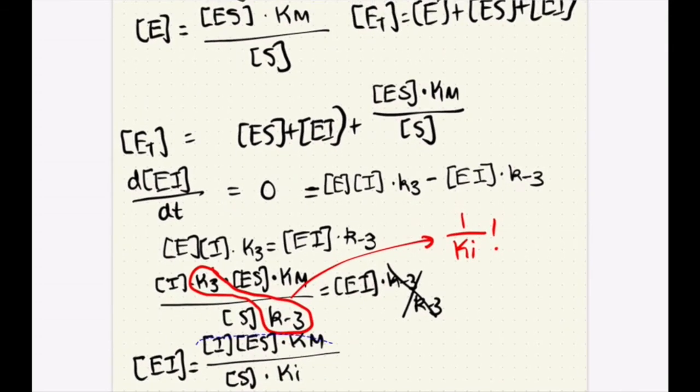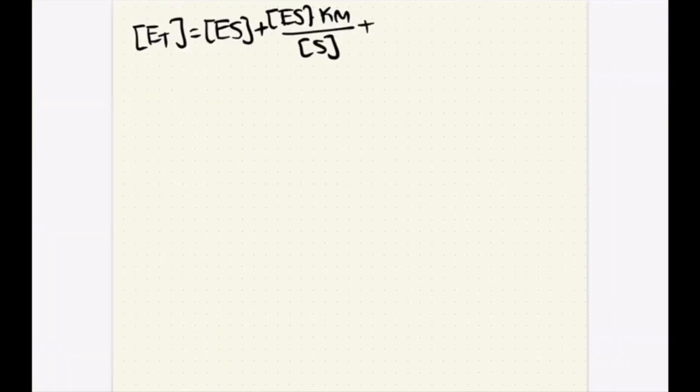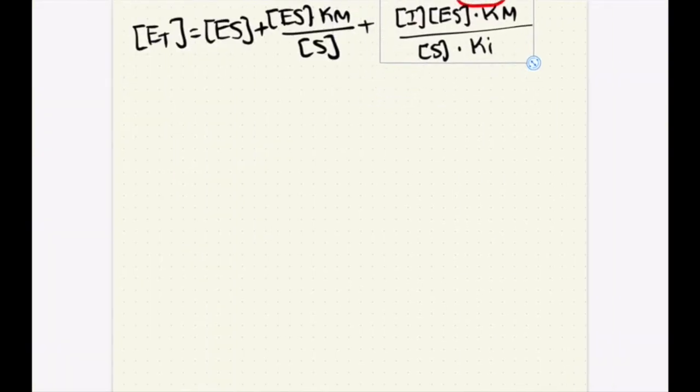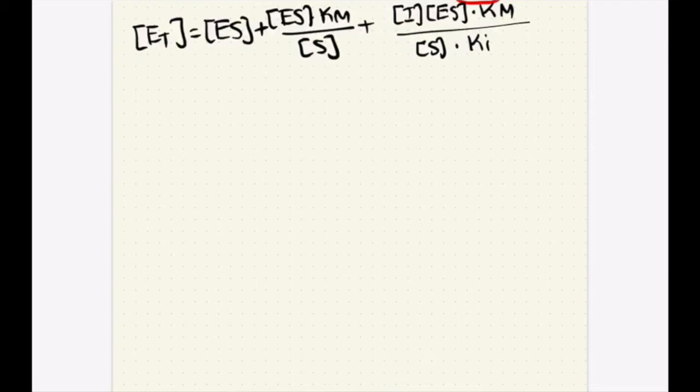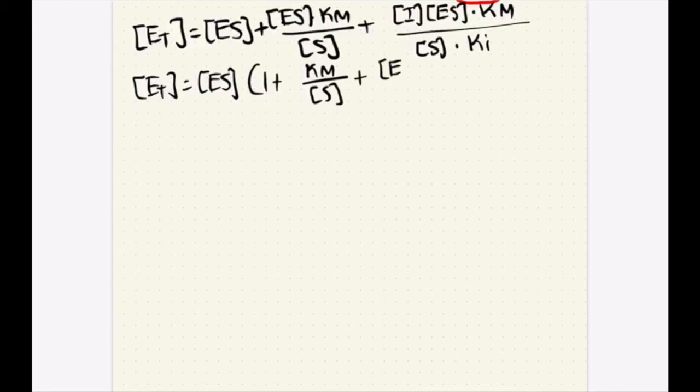So I'm just going to be copying and dragging this over here. So now what we can do is isolate the enzyme substrate complex concentration. So this will be the enzyme substrate complex concentration multiplied by 1 plus the Michaelis constant over the substrate concentration plus the inhibitor concentration times the Michaelis constant over the substrate concentration times the inhibitor constant.